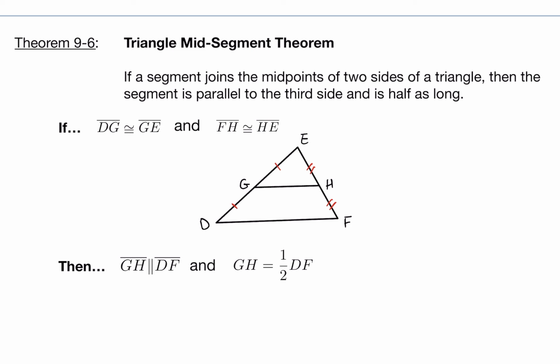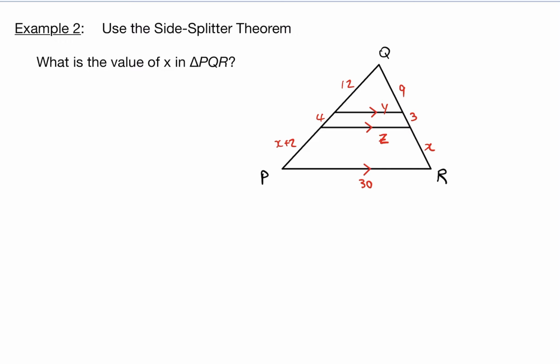So let's go ahead and apply these two theorems to the next couple examples. In example 2, we're going to use the side splitter theorem, and the question here is, what is the value of x for triangle PQR? Because of the side splitter theorem, we can easily establish the following proportions.